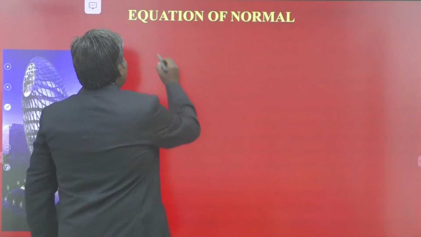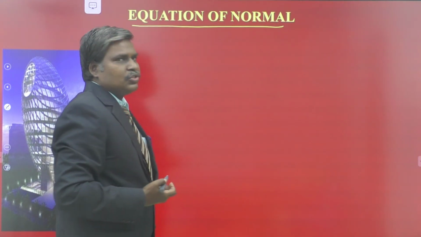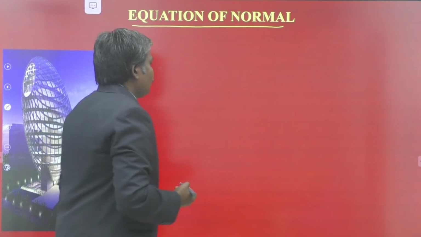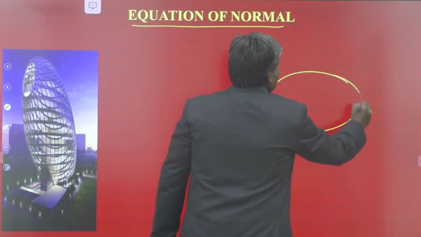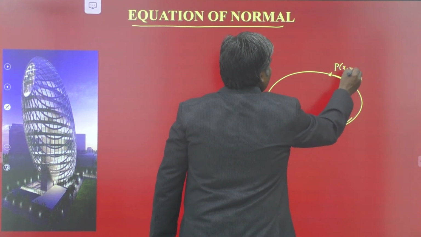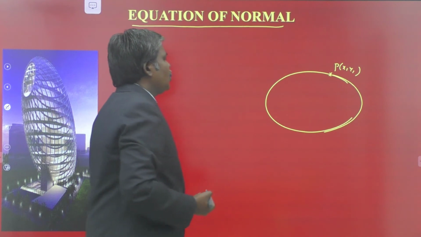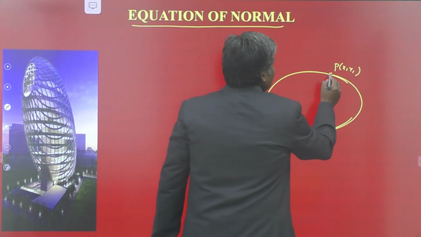So let us try to find the equation of normal at P(x1, y1) to the ellipse. How to get the equation of normal at any point to the ellipse? Suppose P(x1, y1) is any point on the ellipse. We have to find out the equation of normal at this point to the ellipse.